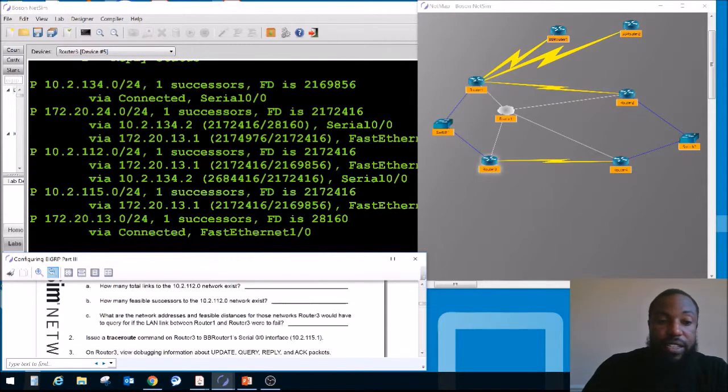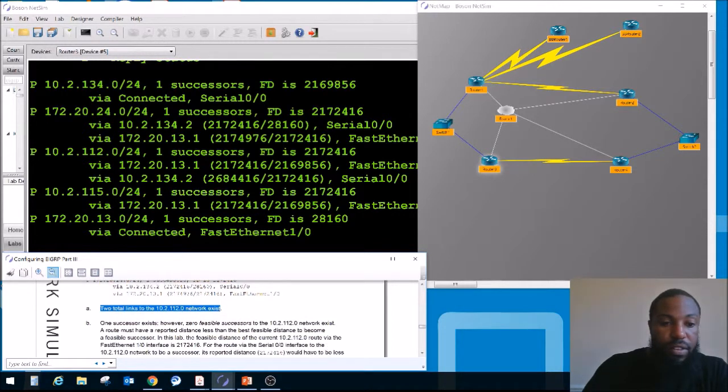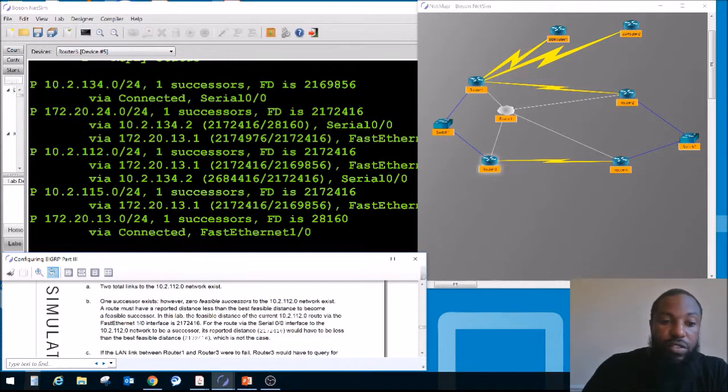Let's go ahead and take a look at the answer table. So yeah, 2 total links to the network exist. 1 successor exists. However, 0 feasible successors to the 10.2.112 network exist. A route must have a reported distance less than the feasible distance to become a feasible successor. So I believe we're going to take something down to test that theory.